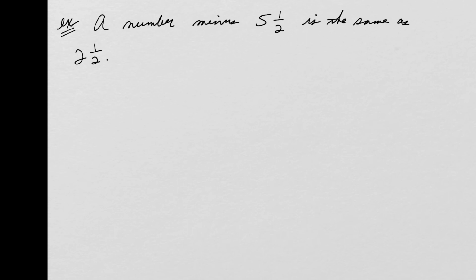So here we're given some freedom, right? We're just told a number. We can call it whatever we want. X, Y, whatever. Actually, let me call it n for a number. Okay, so I'll call it n. So a number minus, so we have n minus 5.5 is the same as, it means just equals, right? And then 2 and 1/2.